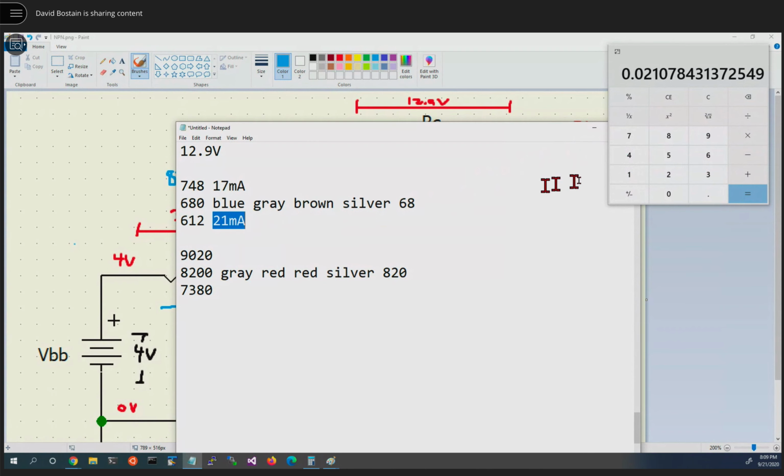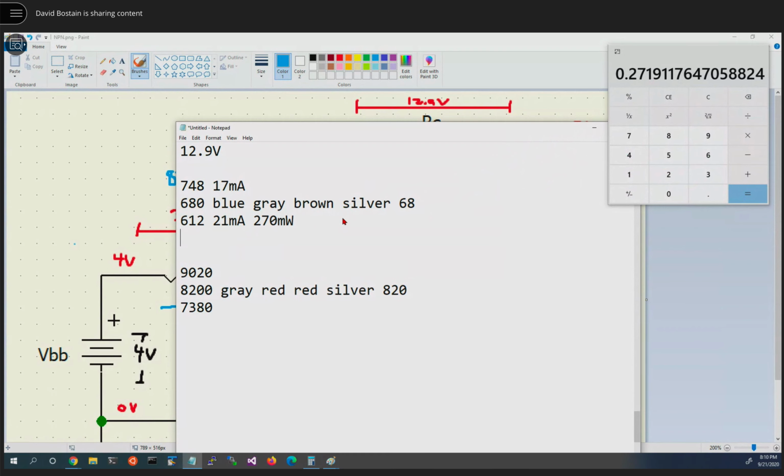While we're here, let's now multiply this again times 12.9. That gives us 270 milliwatts. So we obviously can't use an eighth, we can't use a quarter, we have to use a half watt.